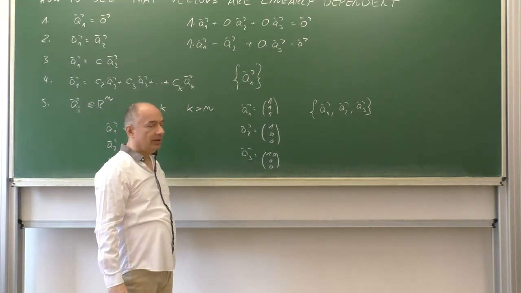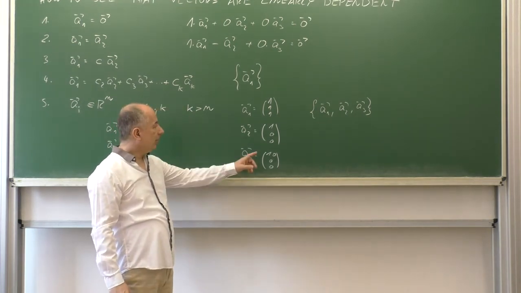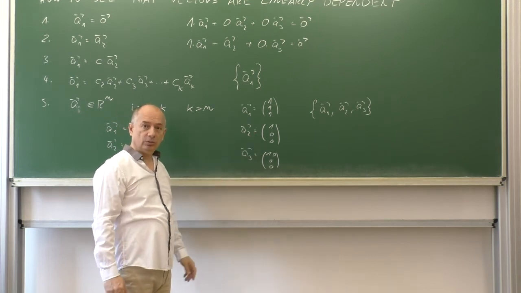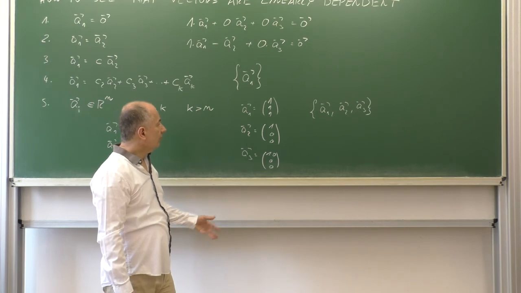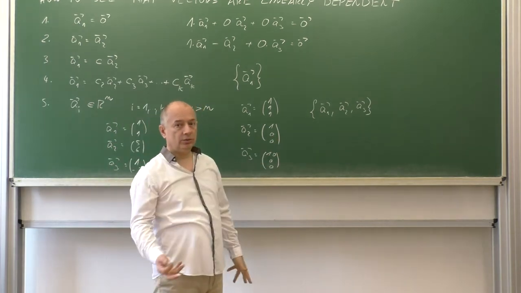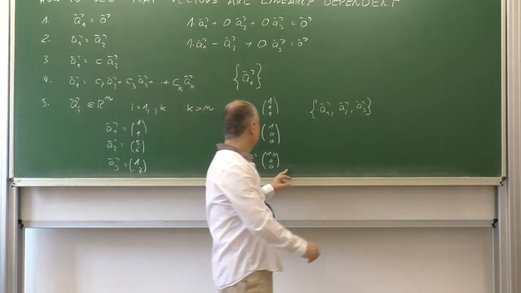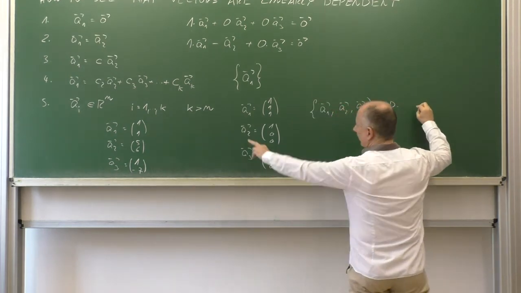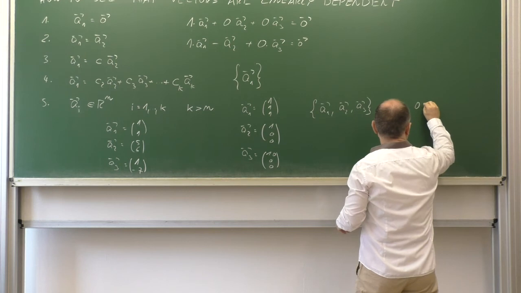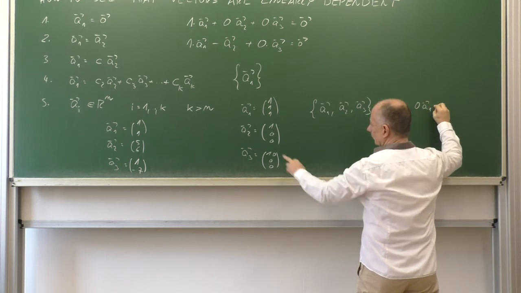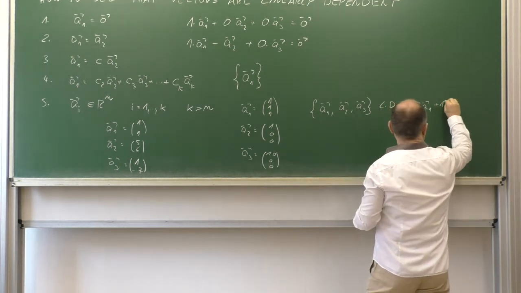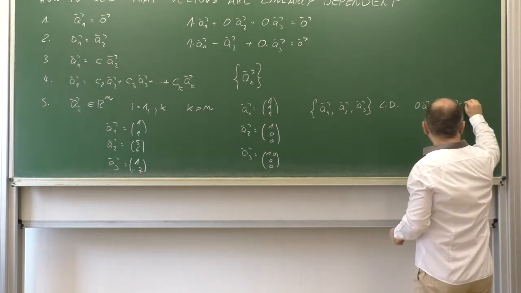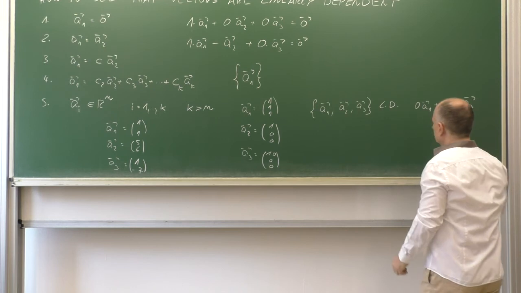Yes, this set is linearly dependent because a3 is just 10 times a2. If you want to find a non-trivial linear combination, take 0 times a1 plus 10 times a2 minus a3.